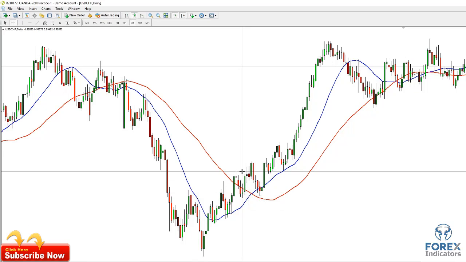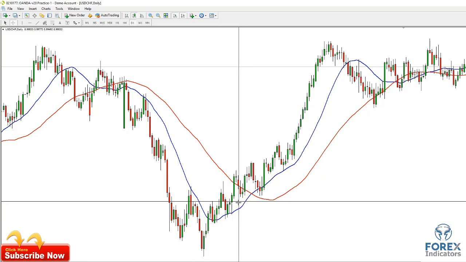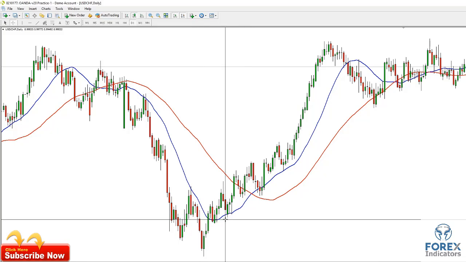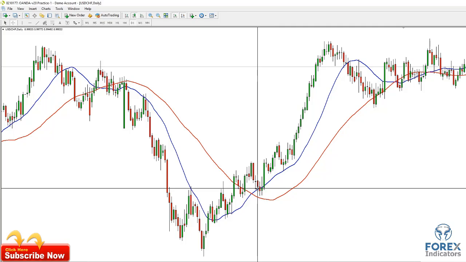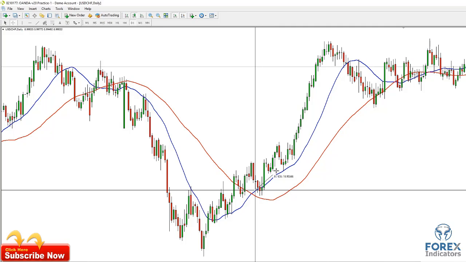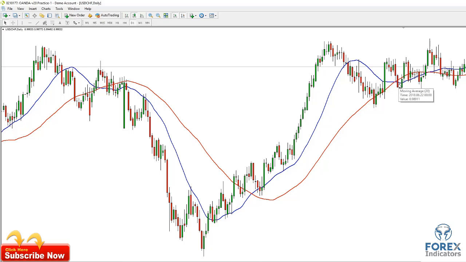And some people will try to take a trade in the direction of the cross. So you'll see that the fast moving average moved above the slow moving average, and this was a great signal to go long. We had a massive rally here, and you would have held this trade until it crossed back over here. So that would have been a great example of a moving average price action based strategy.